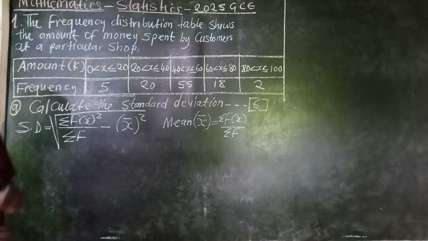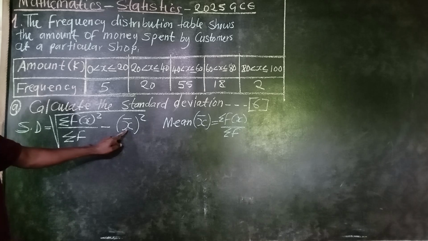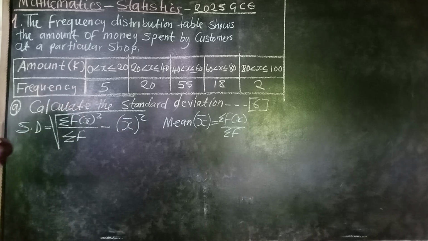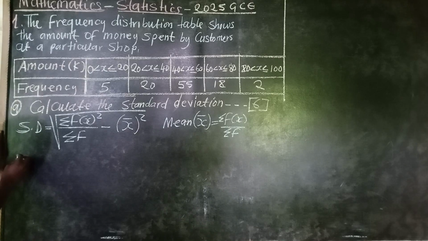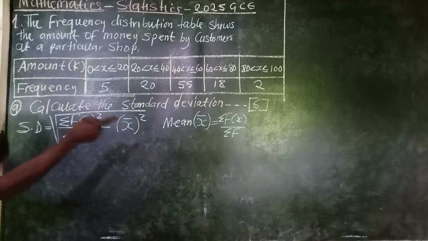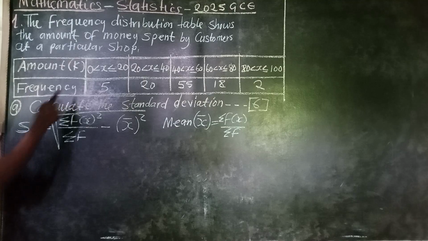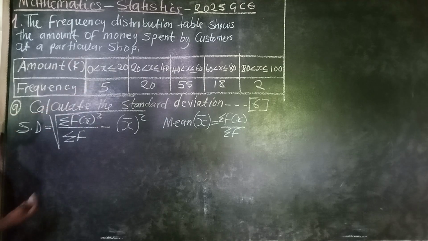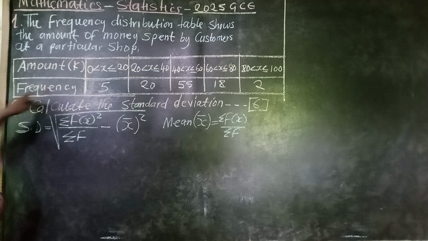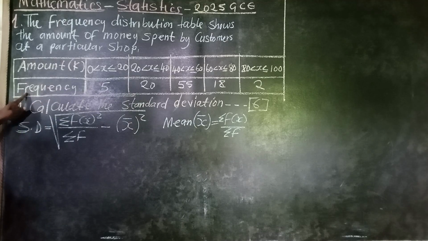So we need to find that one, then from there we'll come and substitute. So how do we find that now? We are going to say f of x. That x is representing the midpoint between 0 to 20. That is the x you are able to see there. The 5 here is the frequency. So f is representing the frequency.